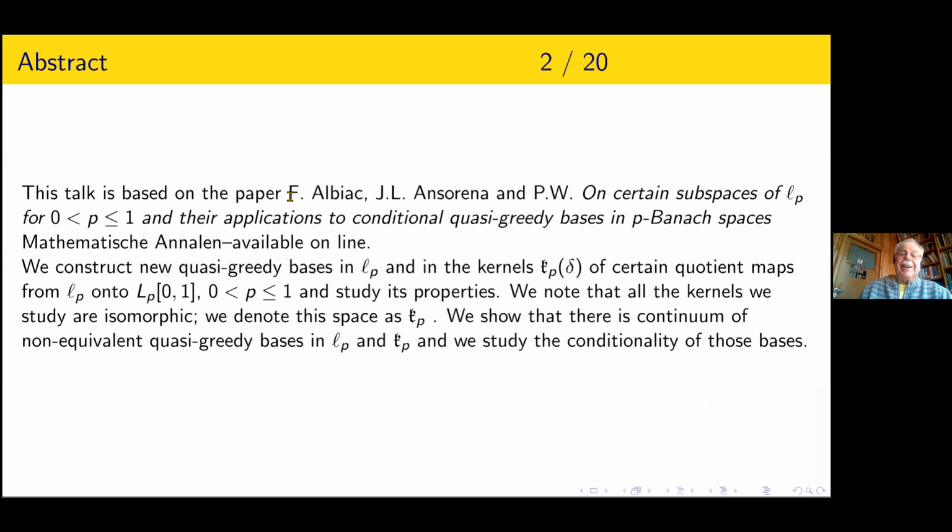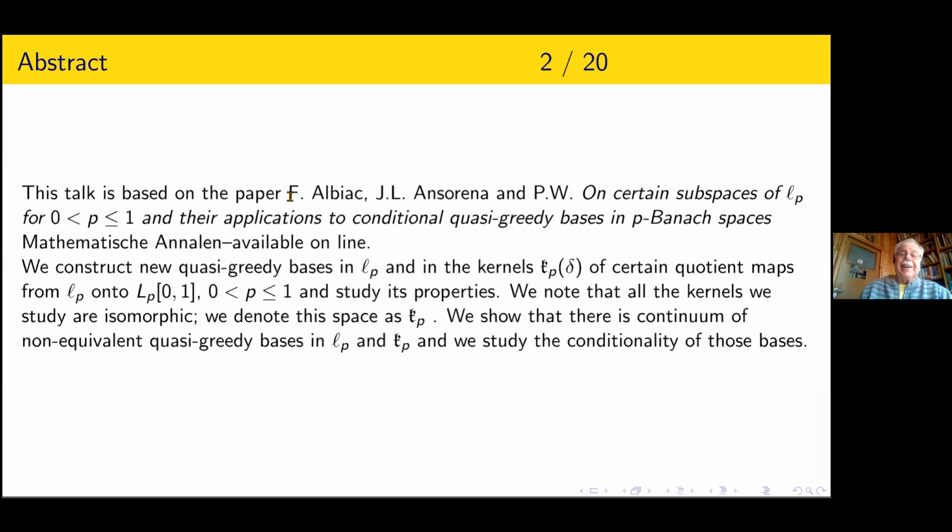And we continued the strangeness of this space. Formally speaking, this symbol here, I think it is K, will denote this kernel. And we studied conditional quasi-greedy bases in those two spaces, basically.